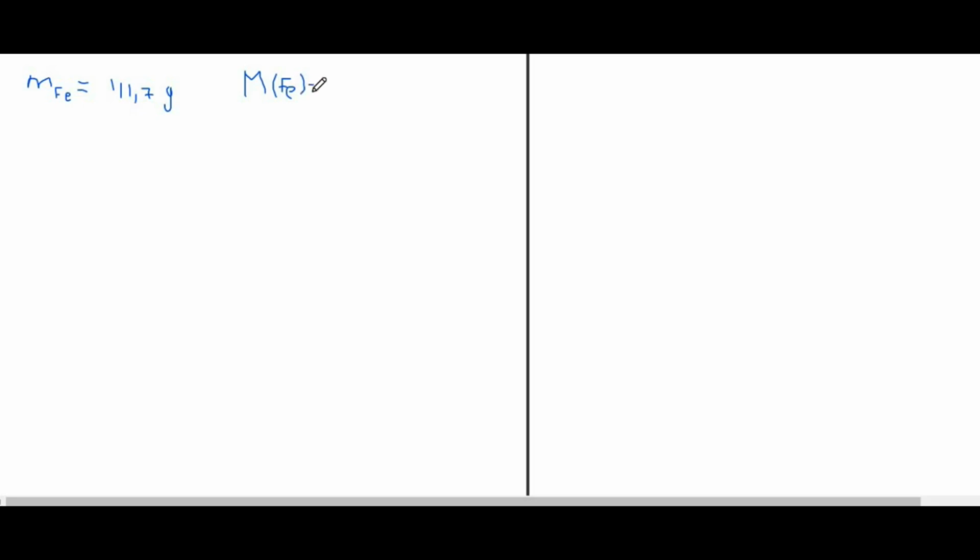Sometimes they give it in the question, but if they don't, you just look at your periodic table and you find that it's 55.85. Remember, this value equals the relative atomic mass of the respective element. So it's 55.85 grams per mole.